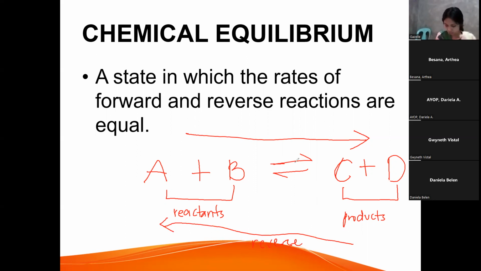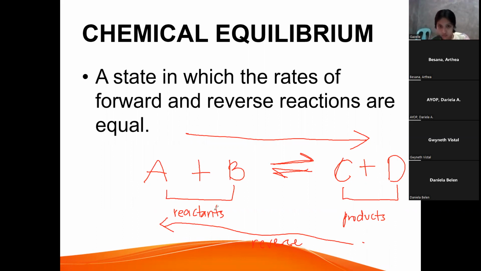So take note of this arrow, ha? This means the reaction is reversible. It can go forward. So this one is the original reactant forming the original product, or it can reverse. The products will become the reactant, and the supposedly reactant will become the products.